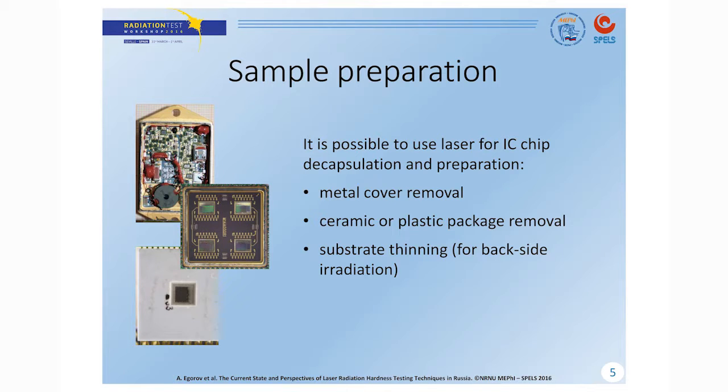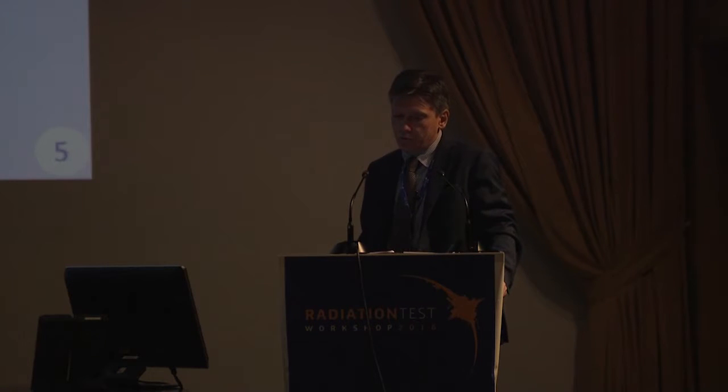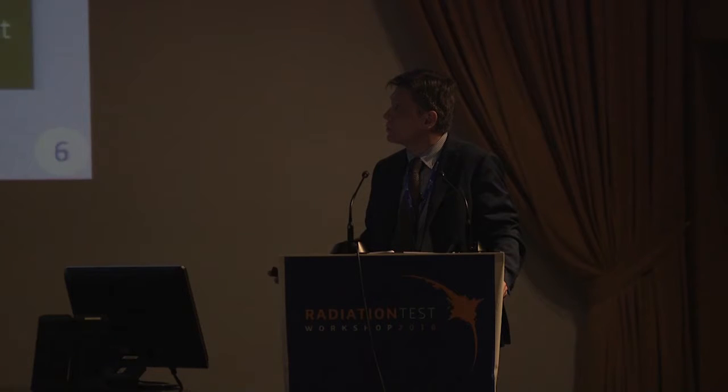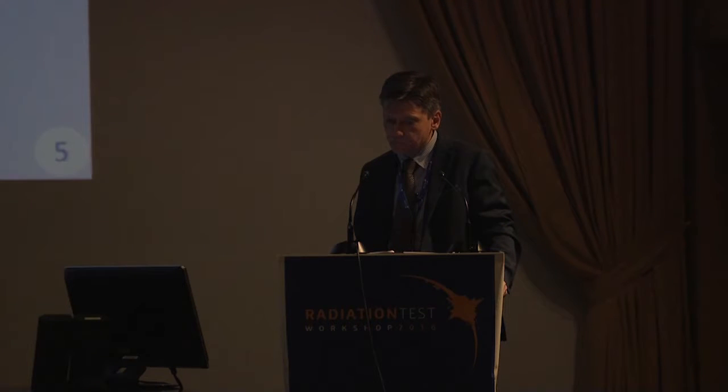So let's go through some operations which we perform usually. First of all is sample preparation. Pulsed laser also can be used for this task. So we can decapsulate the packaging of the IC.